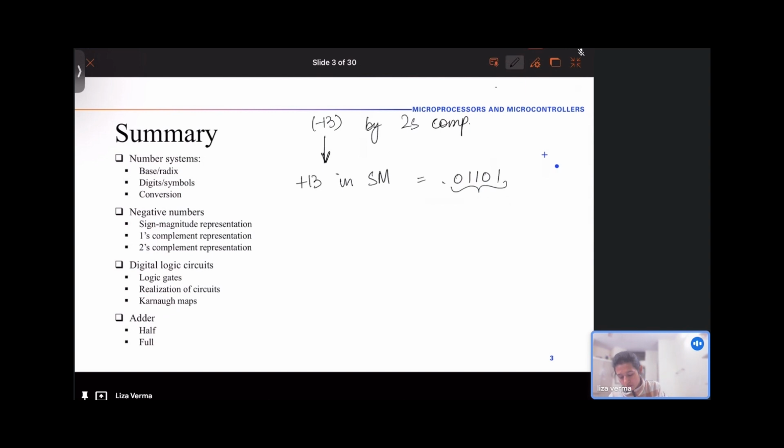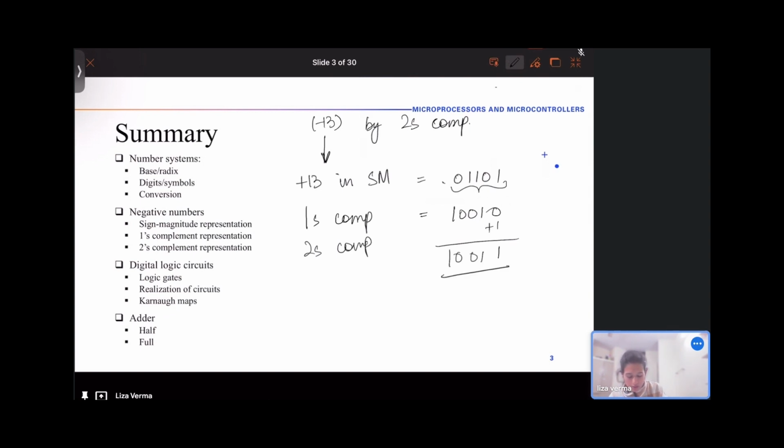2's complement will be, first take 1's complement. 1's complement is 10010. Then take 2's complement by adding 1. That will be 10011.